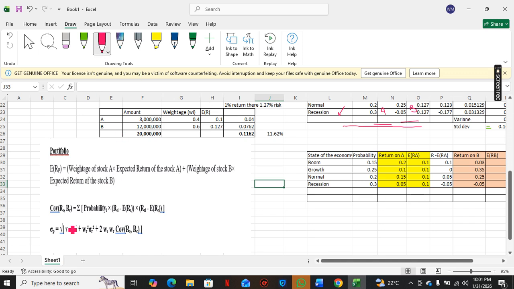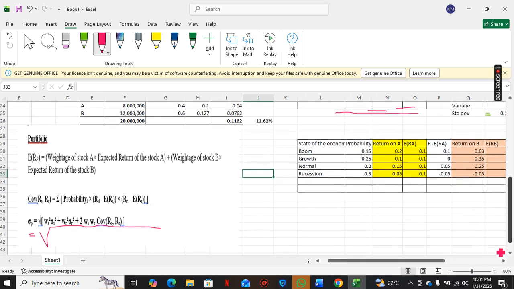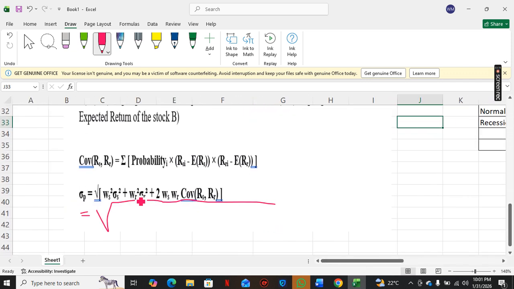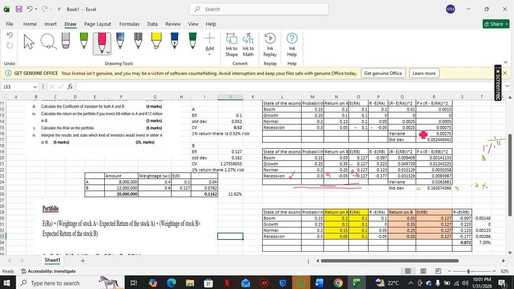So we're going to start with the square root of weightage, this W squared, that's the weightage for investment A, which is 0.4 squared, multiplied by the variance for investment A.